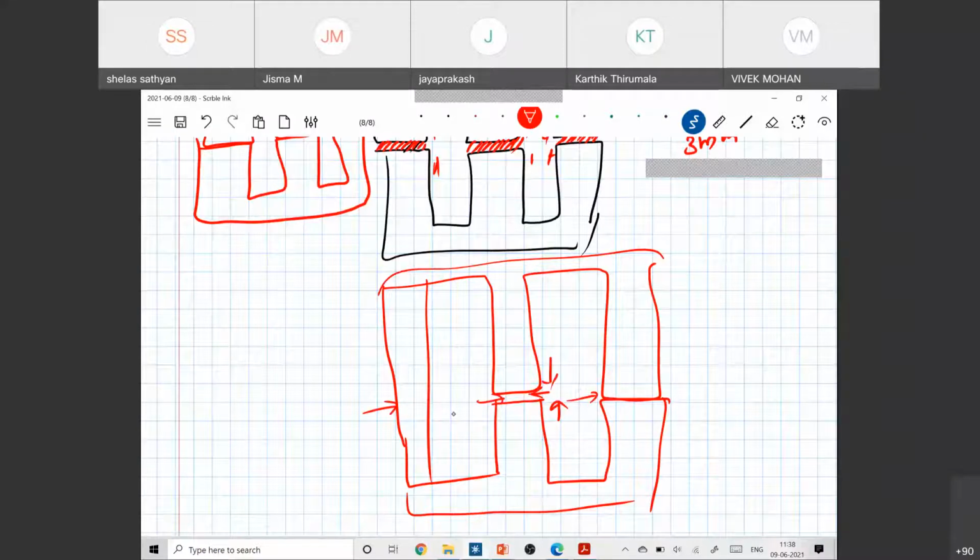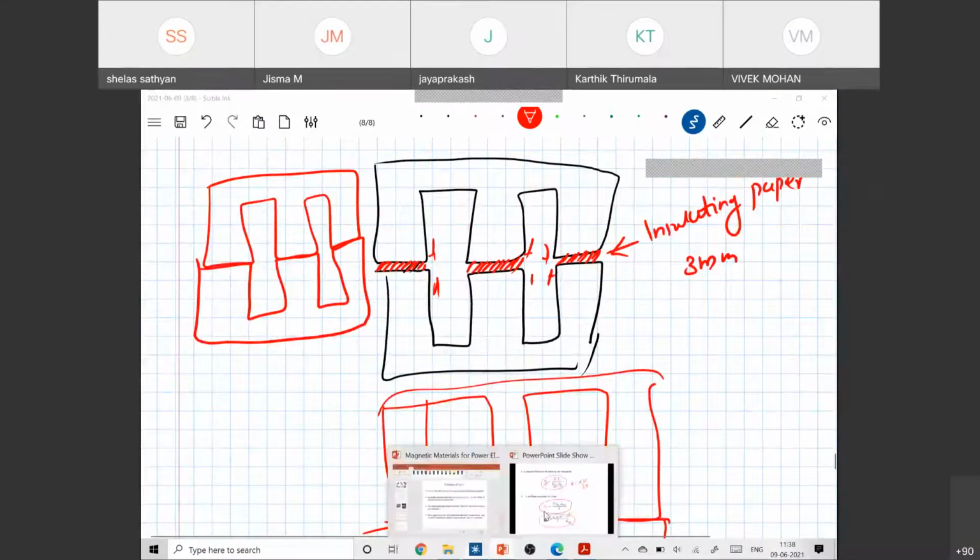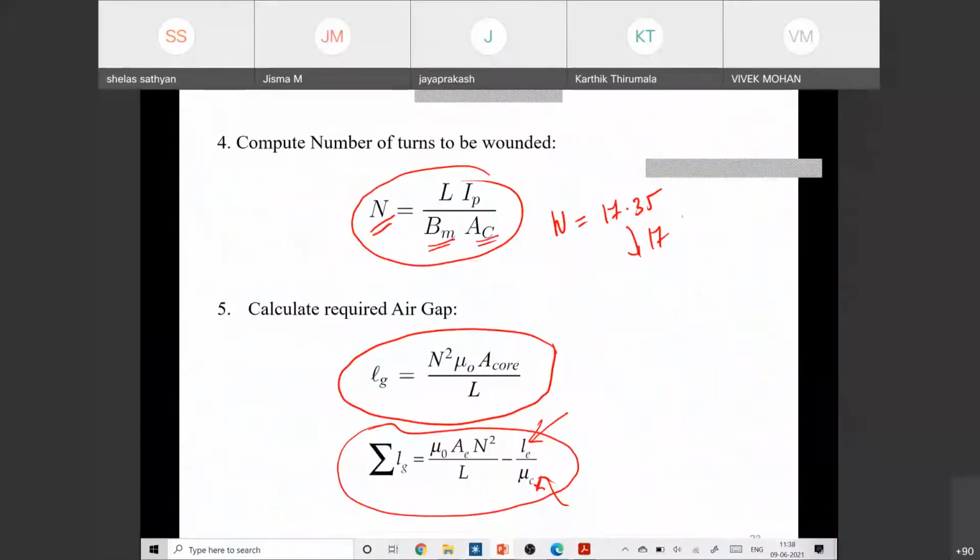So when you are designing your inductor, and you find out I need this much air gap, the best way is to look for a core which already has this much air gap given by the manufacturer. If such cores are not available, it is better to choose an ungapped core and externally give an air gap by providing some insulating papers.